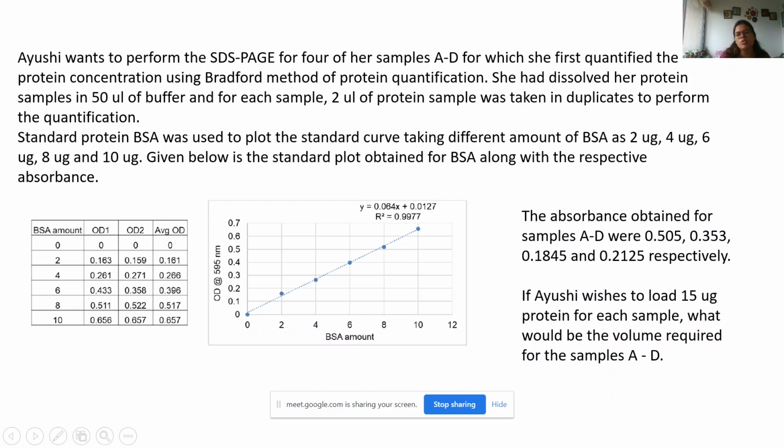the absorbance obtained for samples A to D: 0.505, 0.353, 0.184, 0.1845 and 0.2125. Note this down.